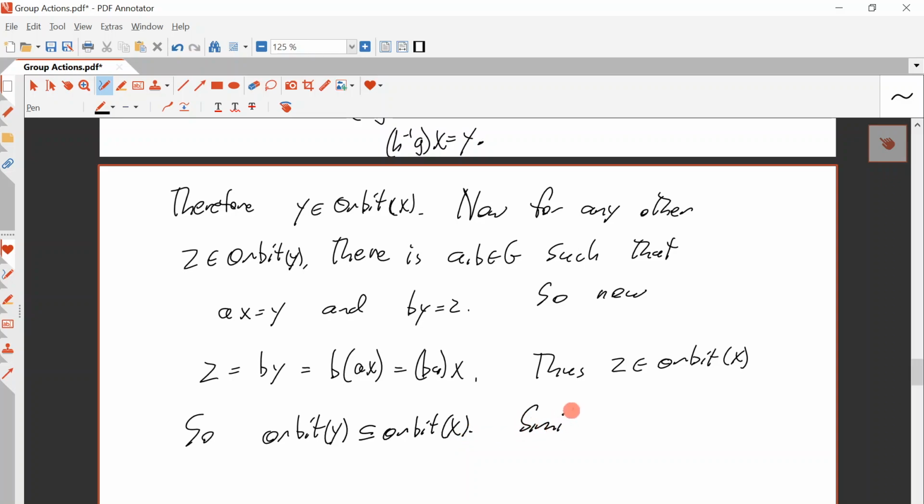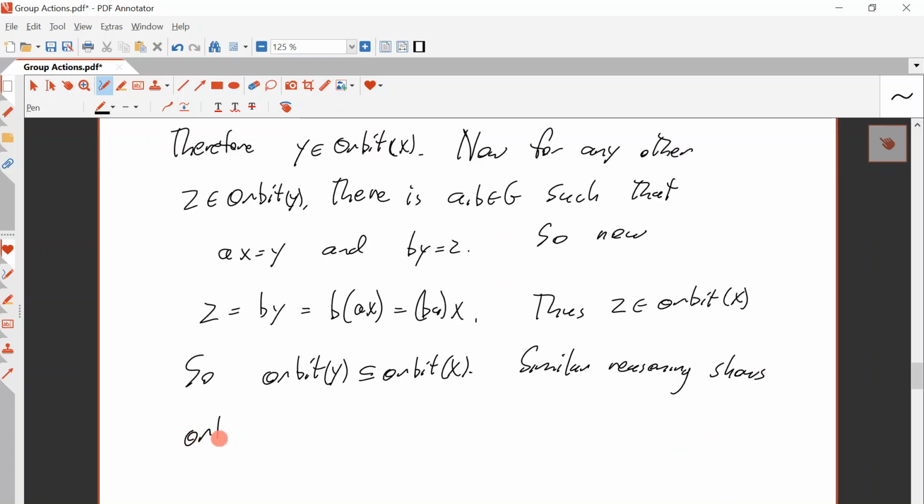Similar reasoning shows orbit x is a subset of orbit y. Okay, so that's that. So the orbits partition the set X on which G is acting.